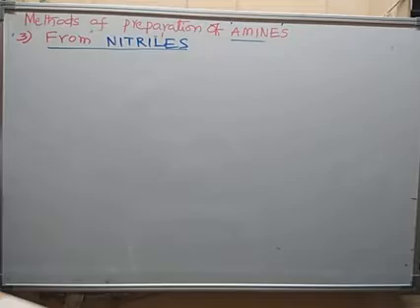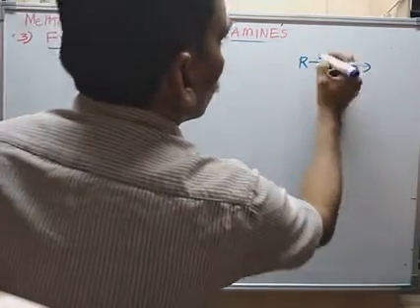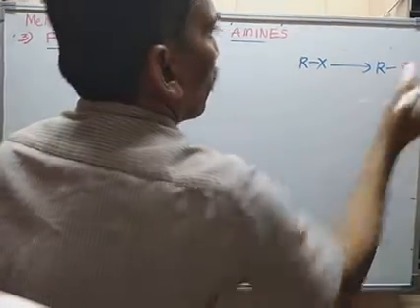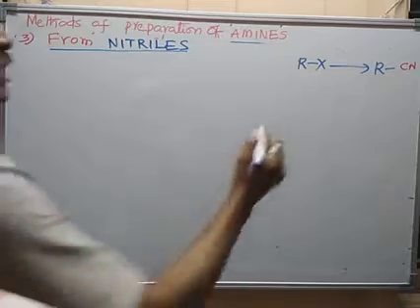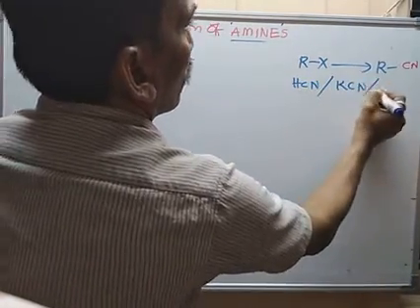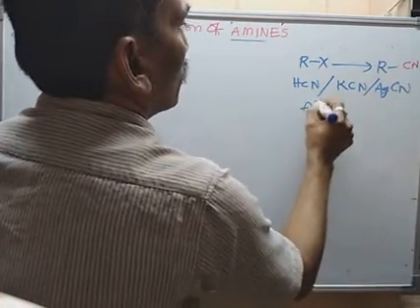How are nitriles produced? Recall your knowledge. Alkyl halide reacts with which reagent to produce RCN? Some options are given: HCN, KCN, AgCN, and all of these.